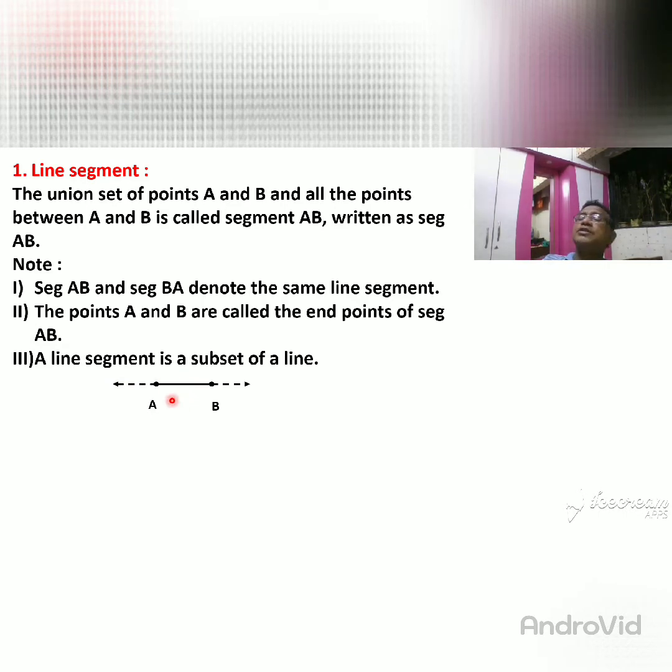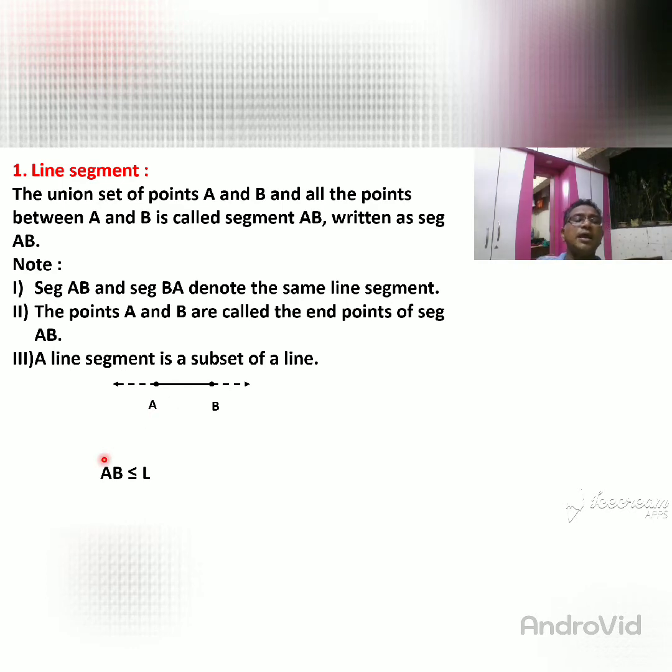All the elements of AB are present in L, so it is a subset of the line. You already learned in maths 1 that a subset means whatever elements are present in one set are also present in another set. In the same way, segment AB belongs to line L, so AB is a subset of the line. Do you understand that?